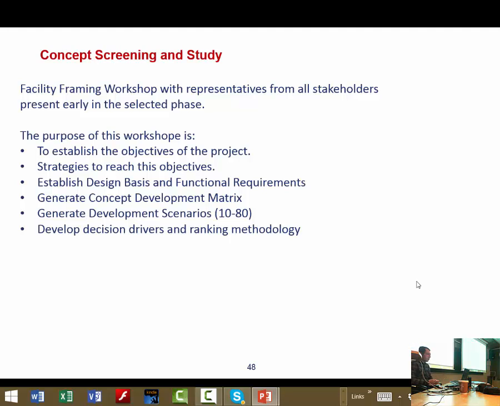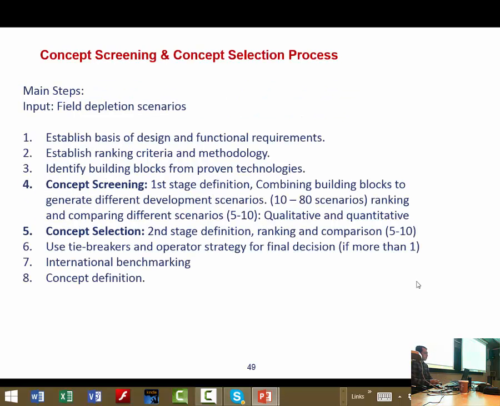Everybody sits together in the same room, and the purpose of this workshop is to establish the objective of the project, strategies to reach this objective, establish design basis and fundamental requirements, generate a concept development matrix, generate initial development scenarios, and develop decision drivers and ranking methodologies, which we'll explain one by one in the following slides.